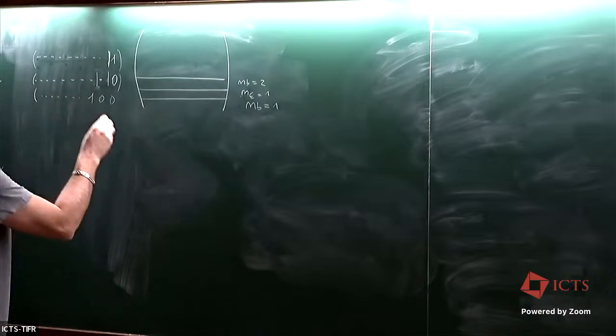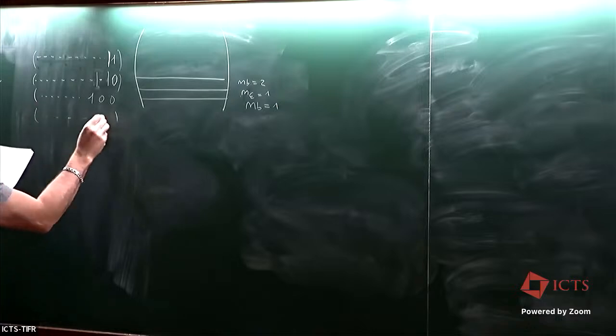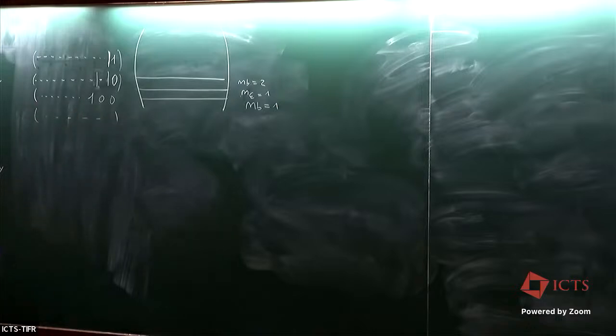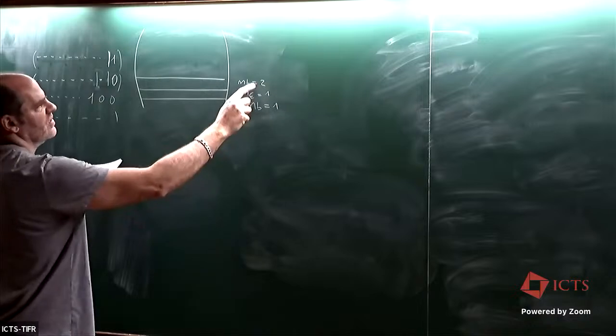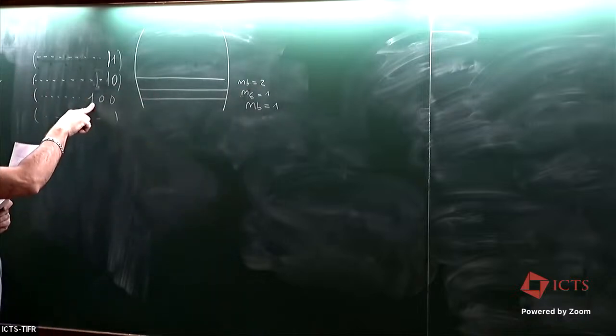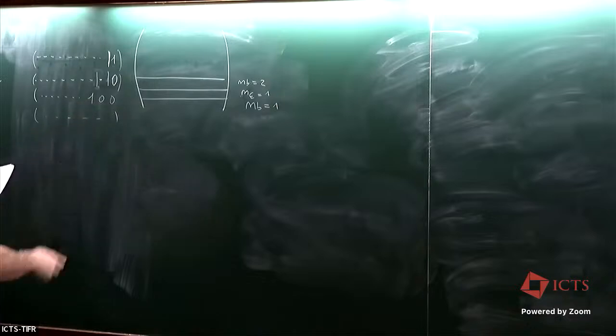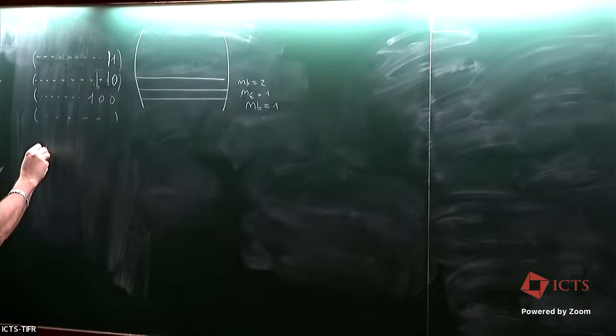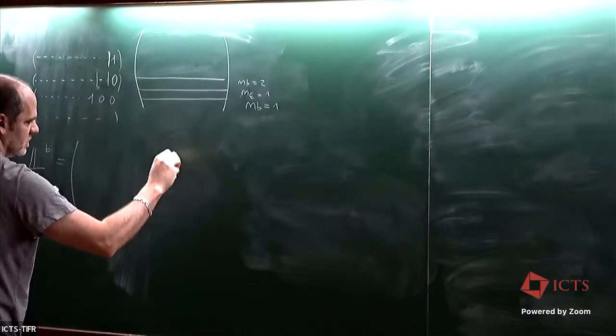And I could go on like that. The point I want to make is that whenever I break a conservation law, I can always choose it in such a way that I get a 1 here. Why do I say this? Because I want to define the matrix of broken conservation laws, which contains the list of all the broken conservation laws.